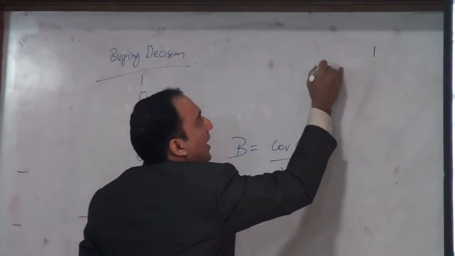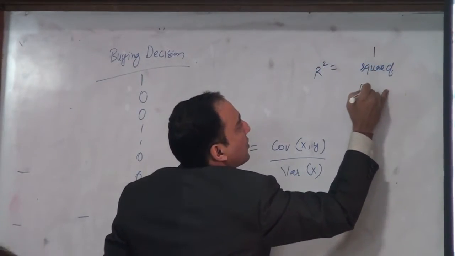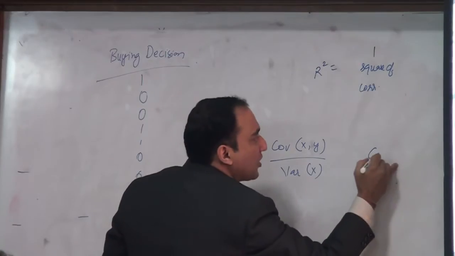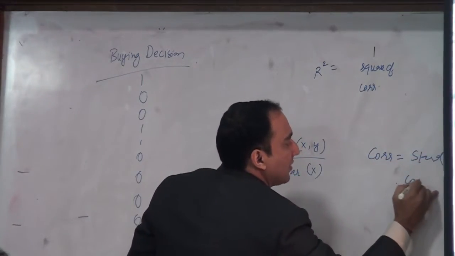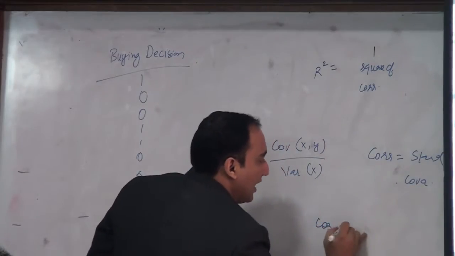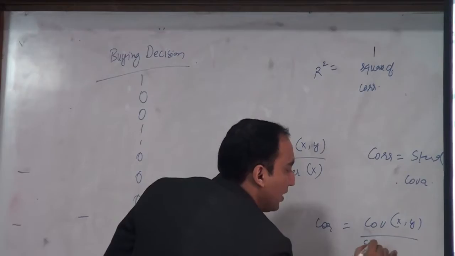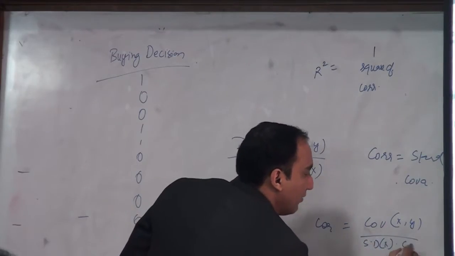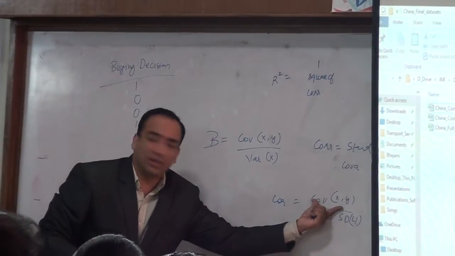R square is nothing but the square of the coefficient of correlation, and correlation is nothing but standardized covariance. That is, correlation equals covariance xy divided by standard deviation of x into standard deviation of y. Very simple.